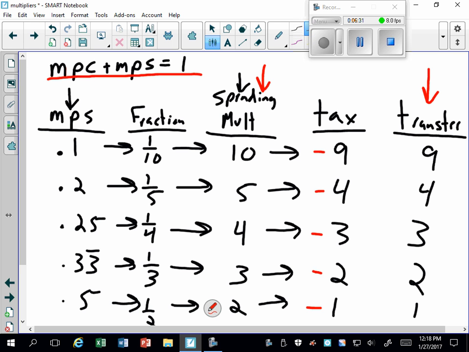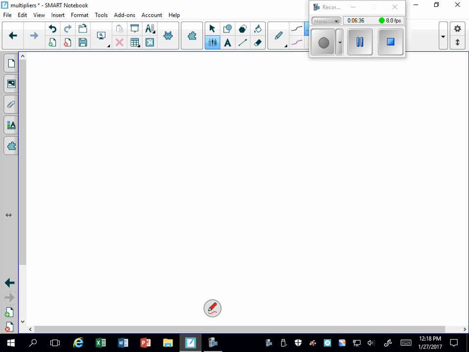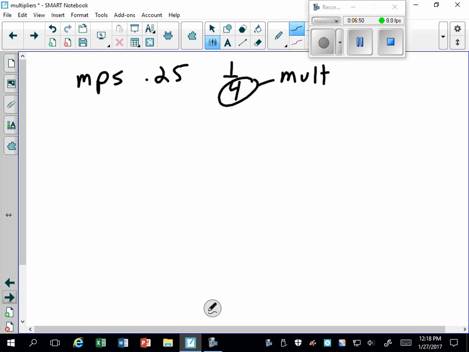Now, I'll mention this again: if you ever get a question, let's say the question says the MPS is 0.25, and they ask you what the tax multiplier is. So 0.25 is 1/4. You know most of your multipliers are 4. The tax and transfer multipliers are going to be 3 because that's 1 less.